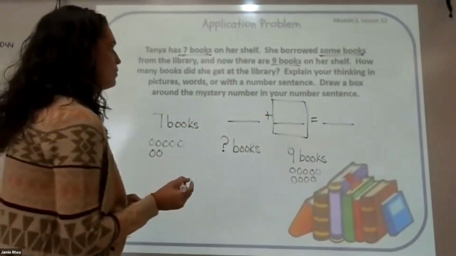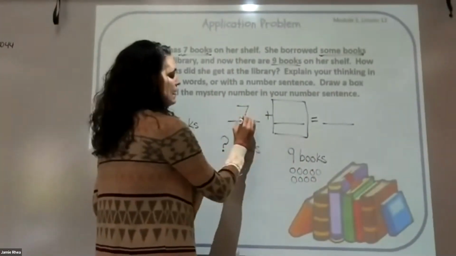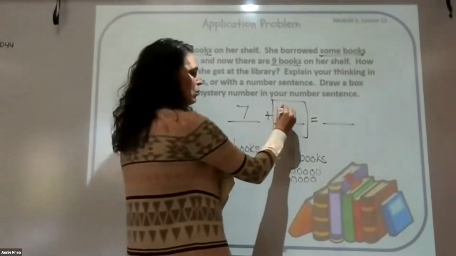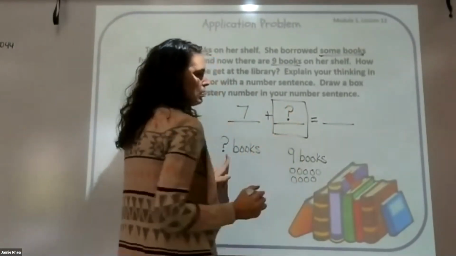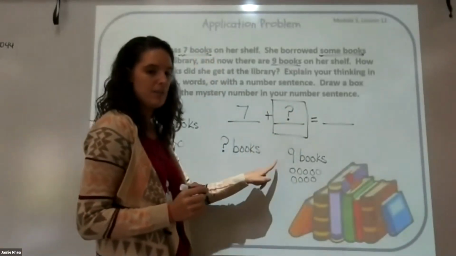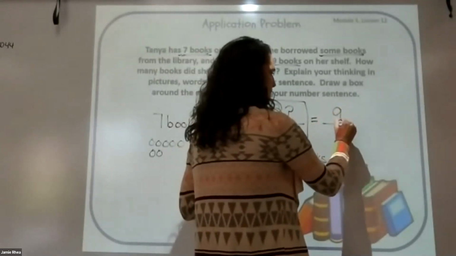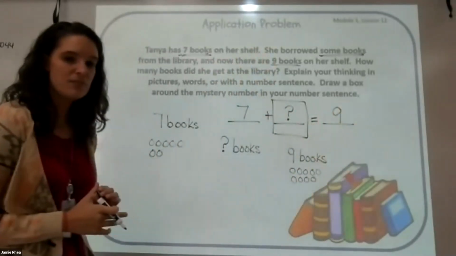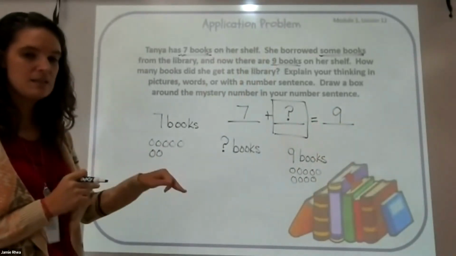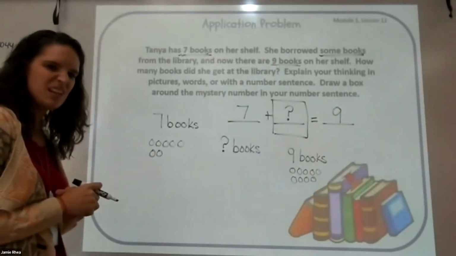I know Tanya had 7 books on her shelf to begin with. We don't know how many more books she collected, but we do know that there are now 9 books on her shelf. Okay, so we have to solve to figure out how many more books we need to make 9. Now, how can I do that?